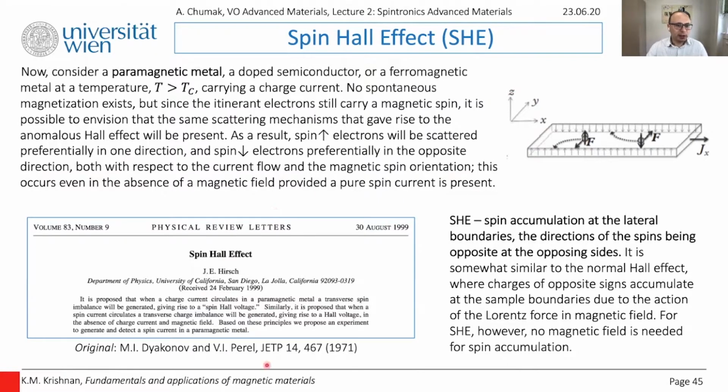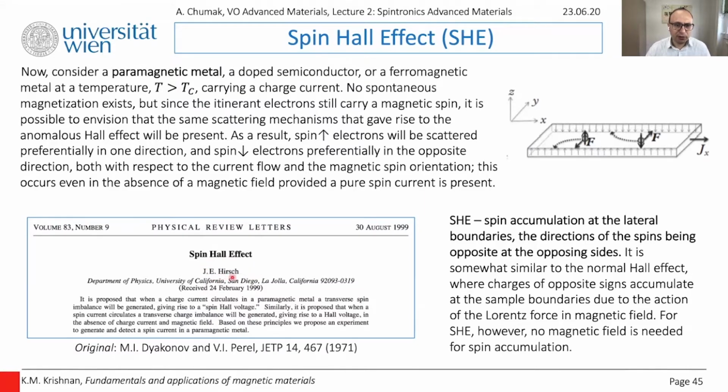And when it was discovered, in principle it was also predicted by Dyakonov and Perel. I think they even wrote a book where the term spin Hall effect is used. But it was somehow not noticed by the spintronics community for quite some time. Then the spin Hall effect was brought again to the attention of the spintronics community by Hirsch.